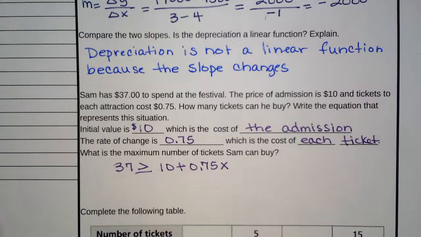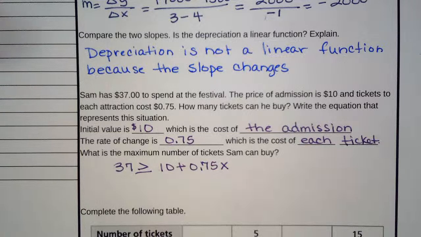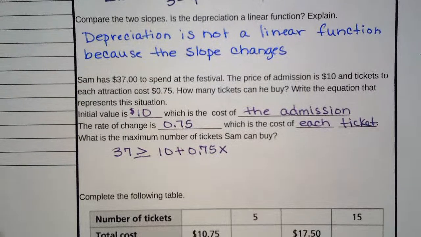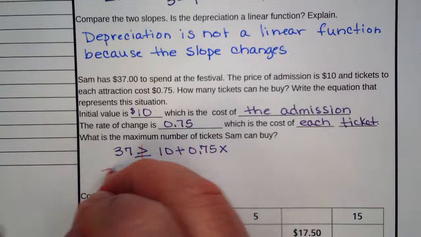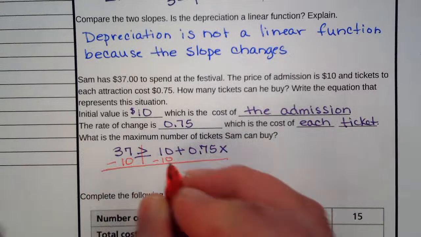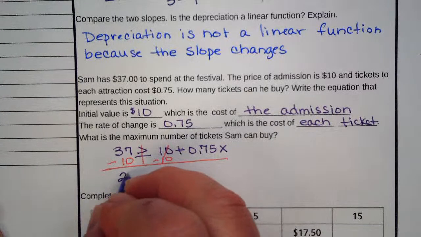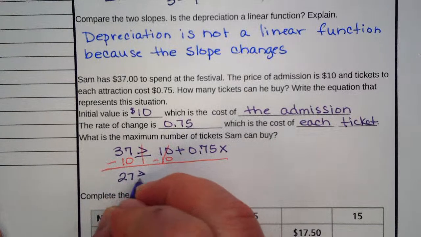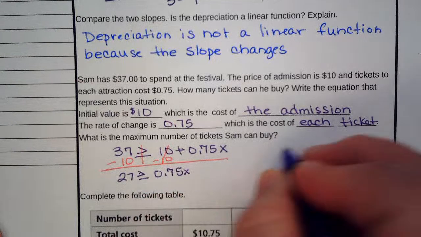We could do an equality, but we know that this has got to be the most he spends, because they won't let you on those rides without those tickets. So to solve, I'm going to subtract 10 from each side. $27 is greater than or equal to 0.75x.